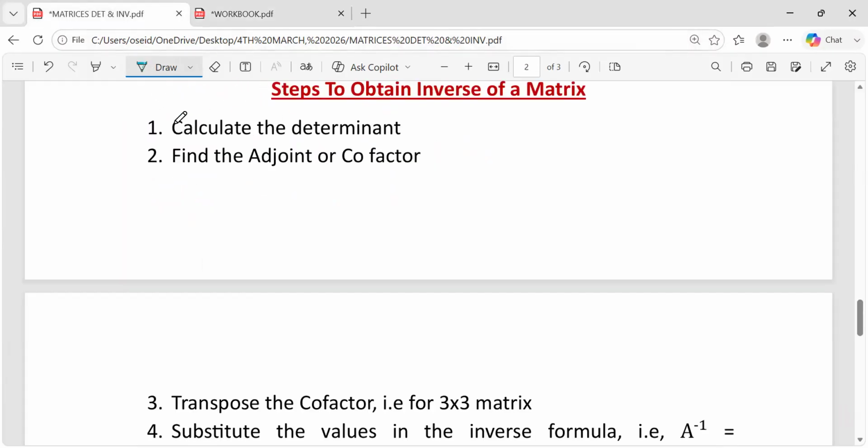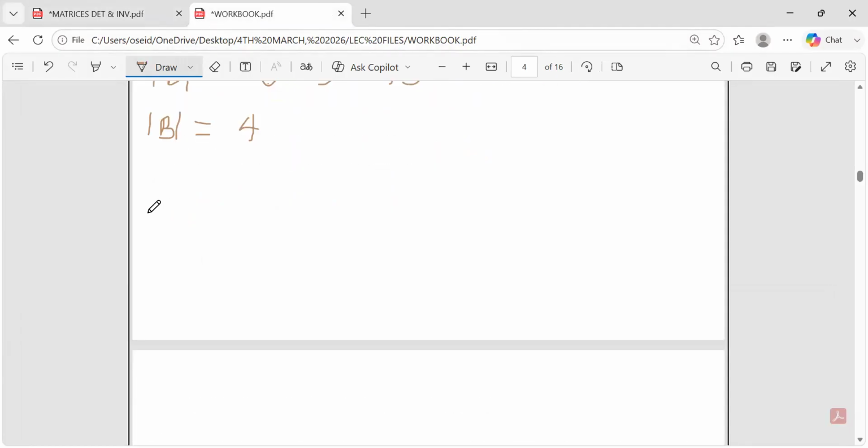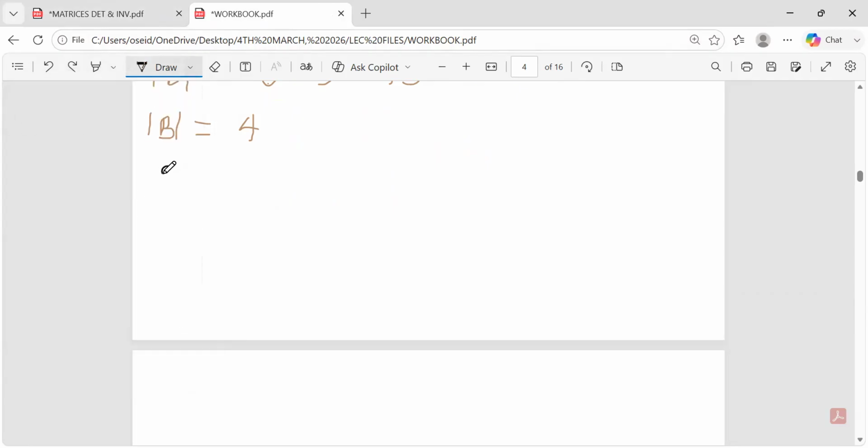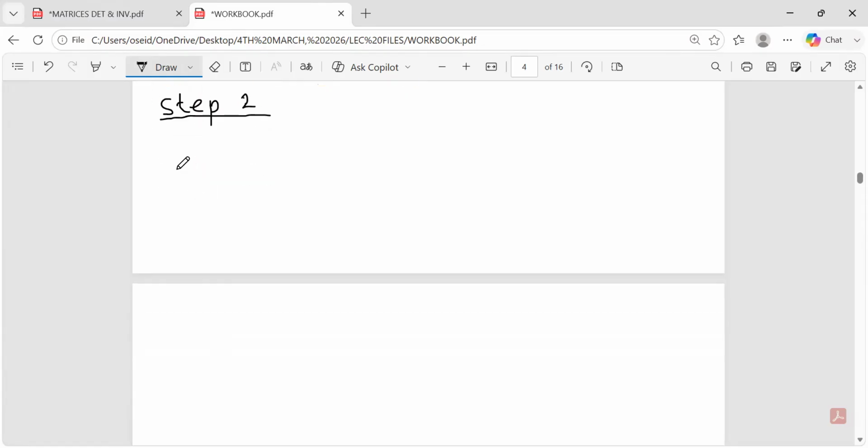Then the next one is find the adjoint or cofactor. Find the adjoint or cofactor. So step 2. We are going to find the cofactor.